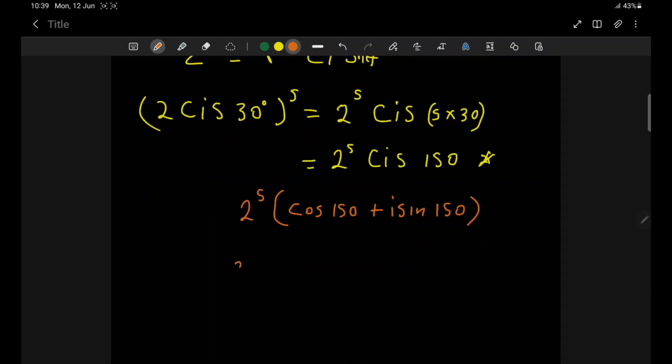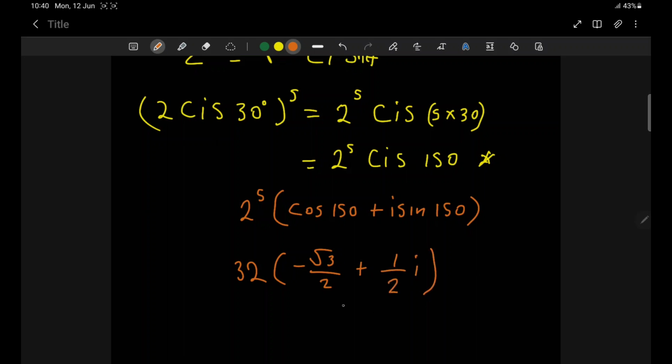So 2 raised to 5 is 32, and then cos 150 from special angles is negative square root of 3 over 2, plus i sine 150, which is 1 over 2 i.